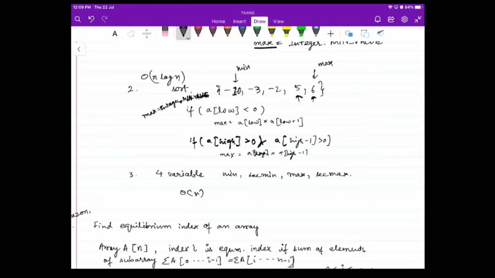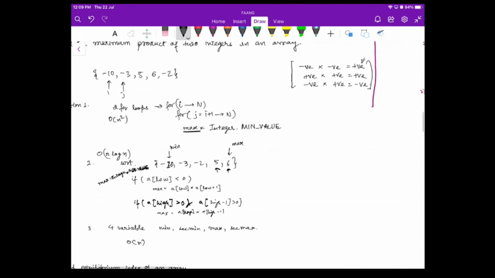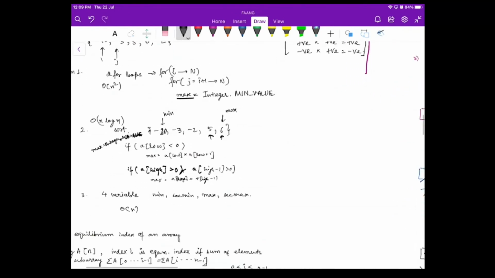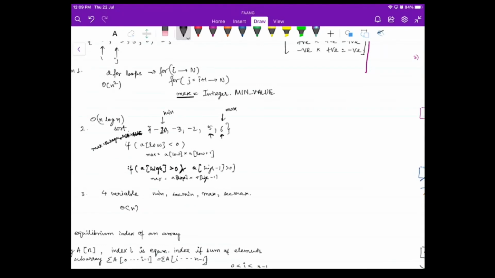As per the above logic, negative into negative is positive. So if we want to get a maximum positive number using two negative numbers, which two numbers would those be? If we multiply these two, we will have the maximum multiplication value using two negative numbers.